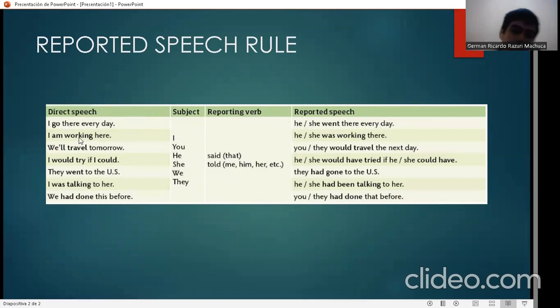That's the same with present continuous. In the example, "I'm working here." I said or you said, well, it depends who said the sentence.